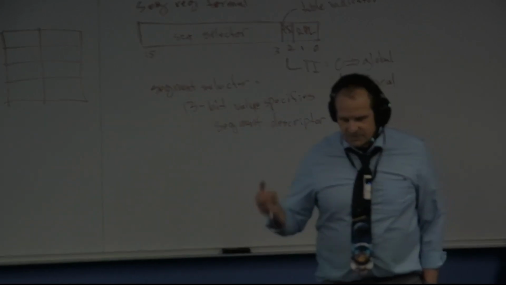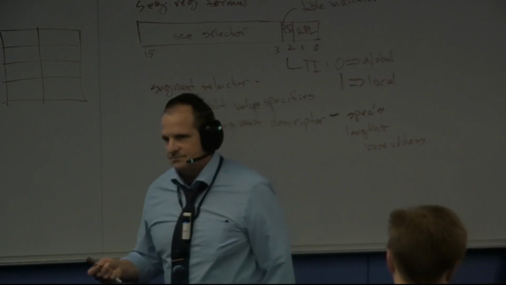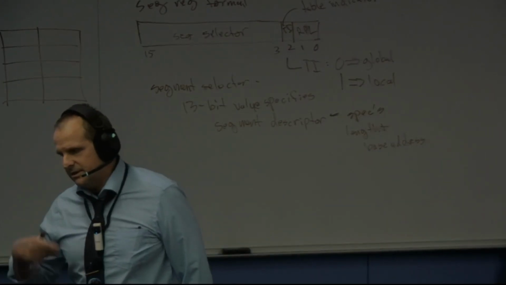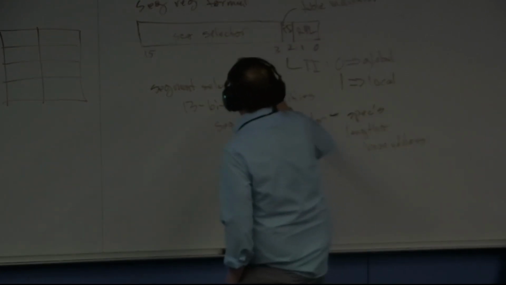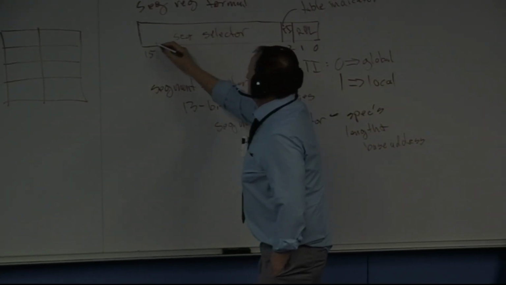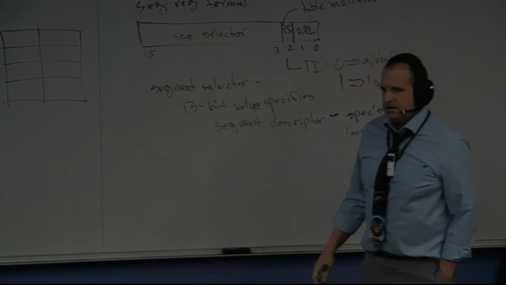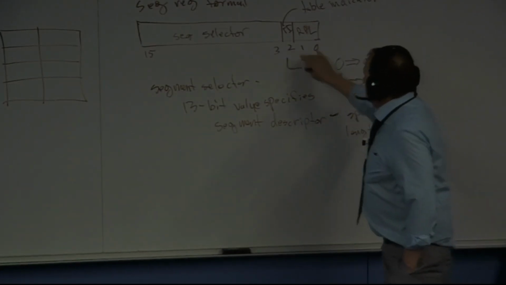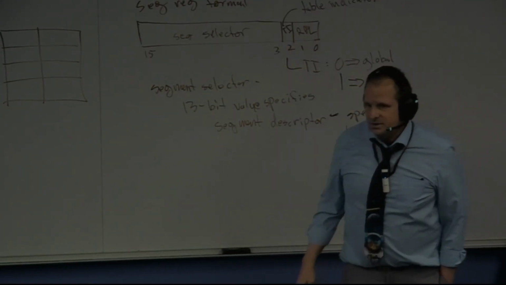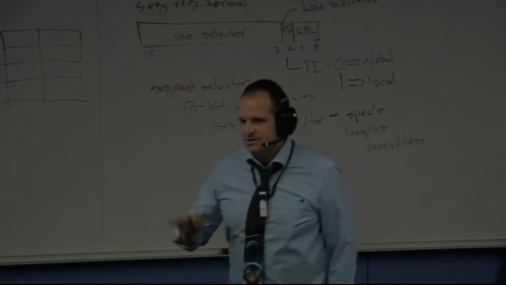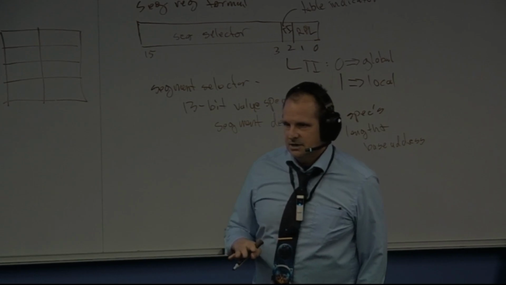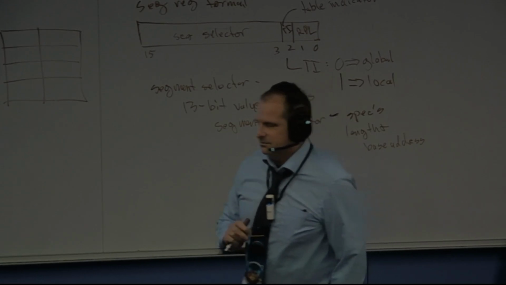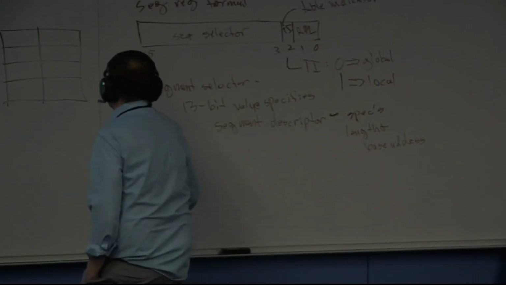Okay. The segment descriptor is 8 bytes long. How do we know that? Well, I just told you. But the segment selector is 13 bits, right? The least significant 3 bits are not part of the segment selector field. We're going to use that to our advantage and you'll see how that works in a moment.